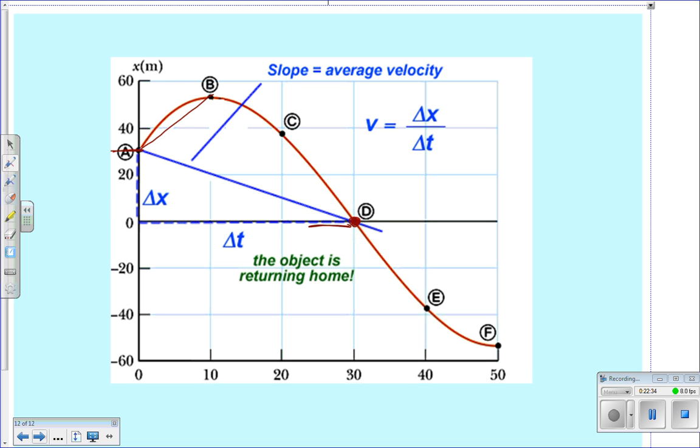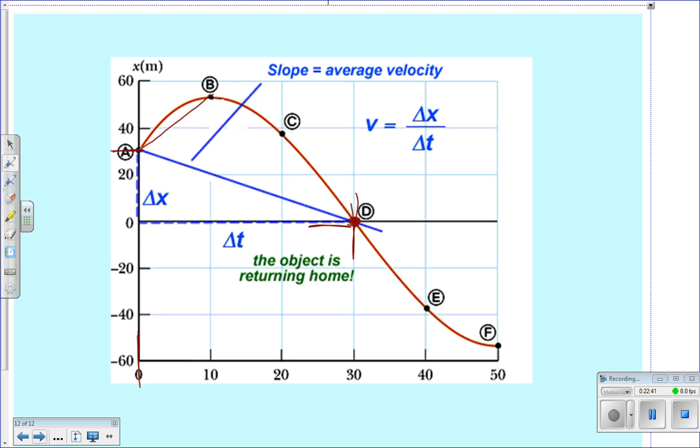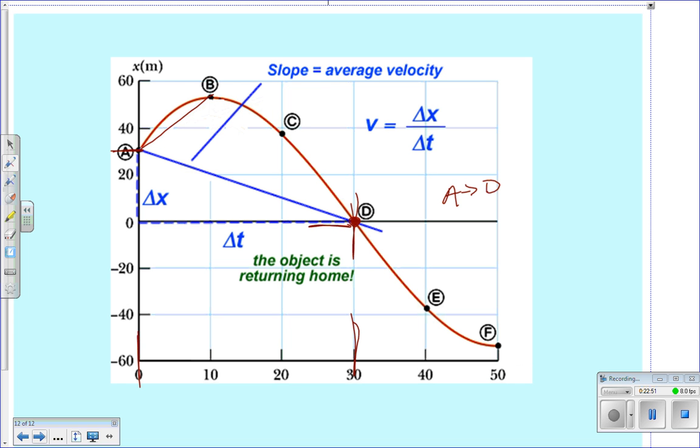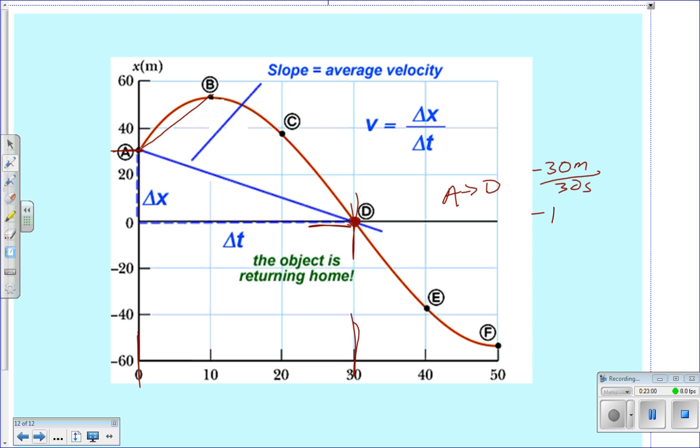And so we'd have negative 30 for the change in position and 30 seconds for the change in time, going from 0 to 30 seconds. So from point A to point D, we'd have an average velocity of negative 1 meter per second.